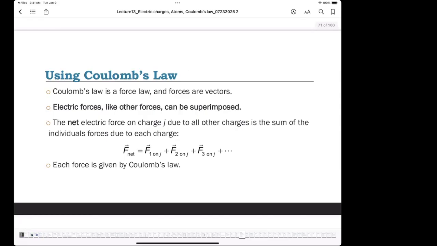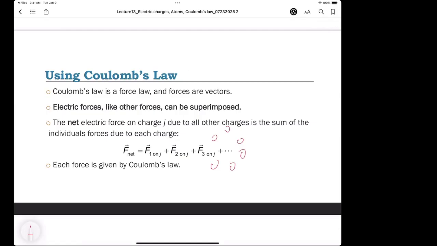You can see, if there are multiple charges, the net force will be all the electric forces added together. And each force is given by Coulomb's law. You can calculate each one by Coulomb's law.